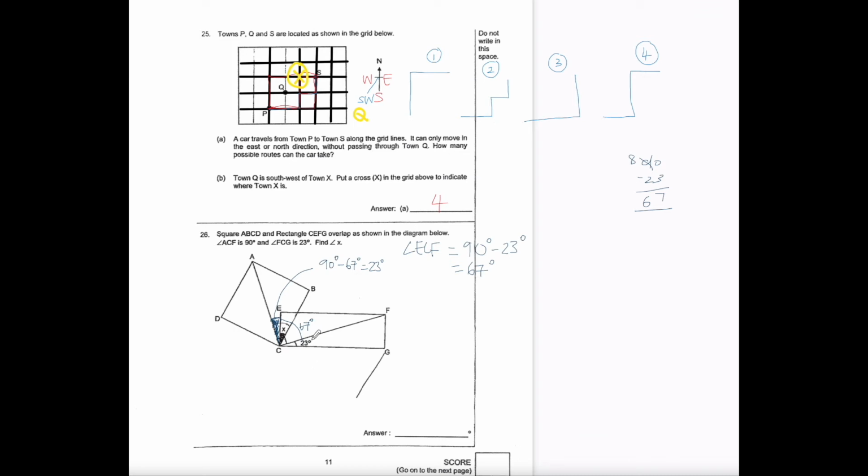Okay, so they want me to find X. We can find ACB, right? ACB is just, okay, maybe I shouldn't have erased. It's very messy. Okay, so this is angle ACE. So now we can find ACB. ACB is just half of the right angle, because DCB is a right angle of a square, and ACB would just be 45 degrees.